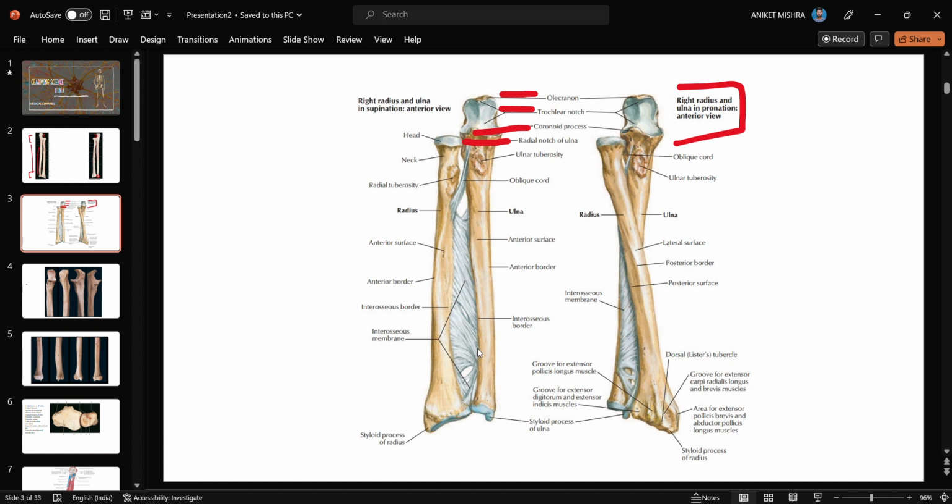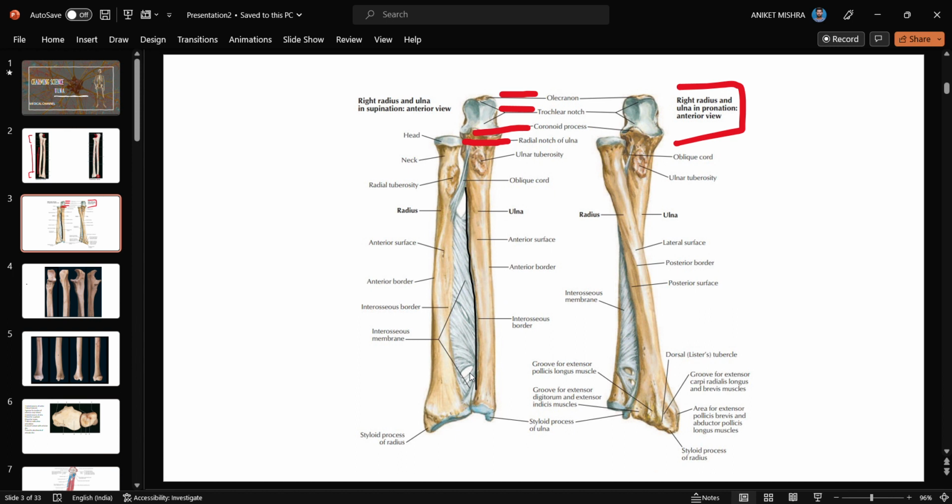This is the structure of the lateral border. This border is sharpest in its middle two-fourths, and inferiorly it is continuous from the lateral side of the head of the ulna.